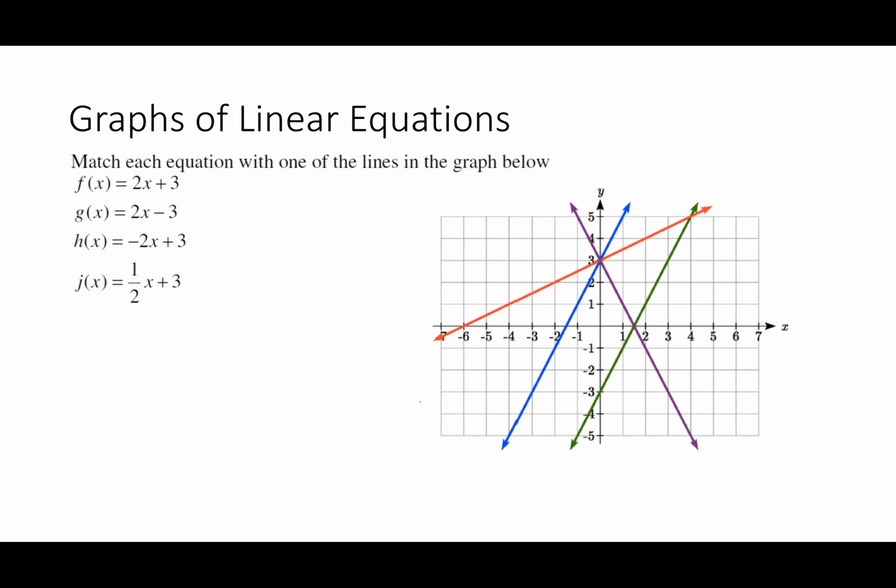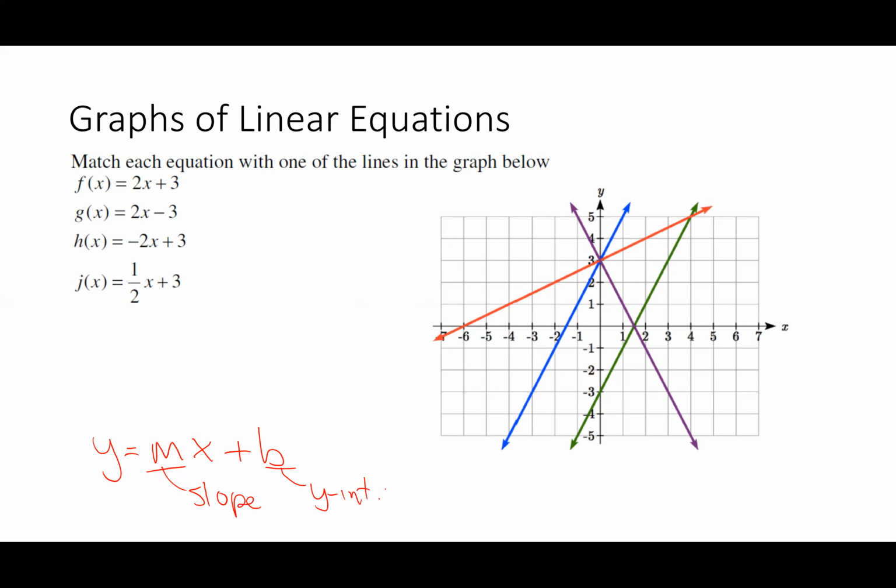So what I'm going to do first is take a look at these equations pairwise or groupwise that make themselves stick out. As a reminder, the general form of a linear equation is y equals mx plus b. m is our slope. b is our y-intercept.